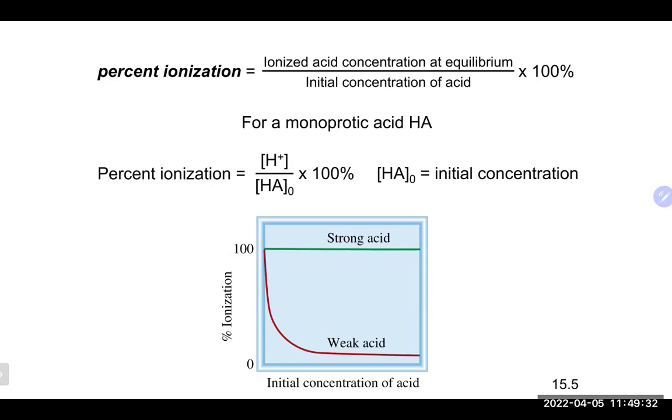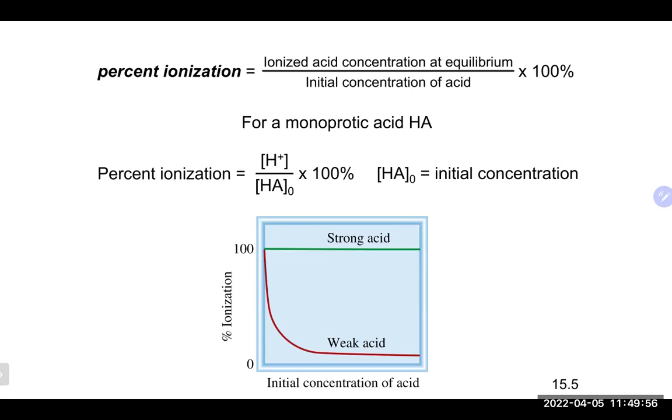So percent ionization is another thing we're going to talk about. Percent ionization, or percent dissociation, is sometimes referred to. It's basically the amount of H plus that comes off in a weak acid situation. And really the calculation to calculate the percent ionization is actually the calculation we do to check our assumption.